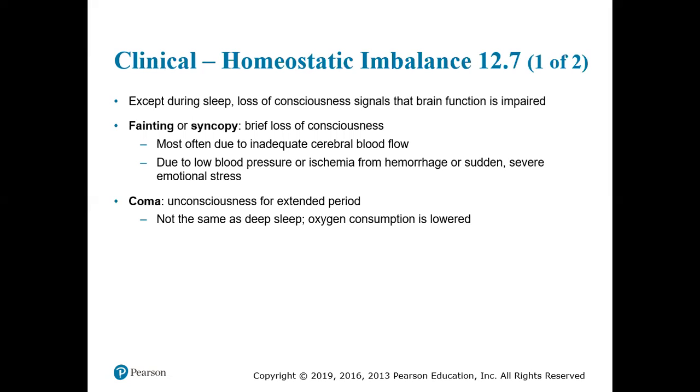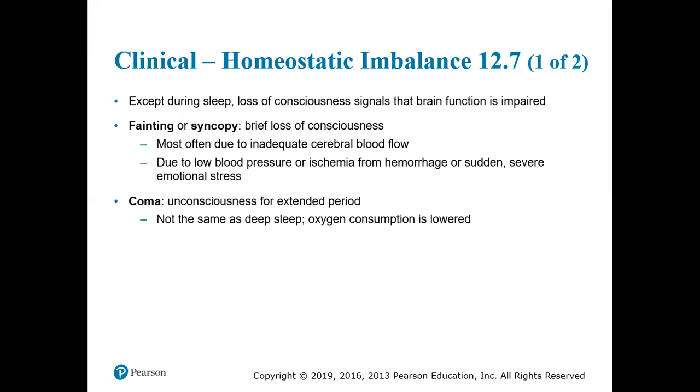Some words that you might be familiar with: fainting or syncope is a brief loss of consciousness, usually due to inadequate cerebral blood flow. So what does your body do? It kind of lays you down horizontally, making it easier for the brain to get blood. It's probably due to low blood pressure or ischemia.